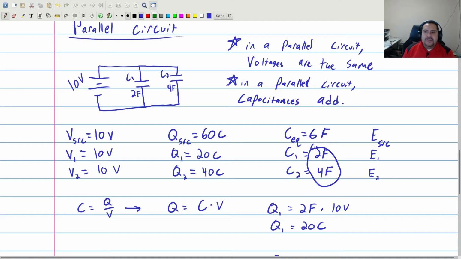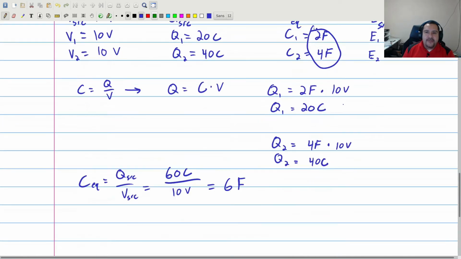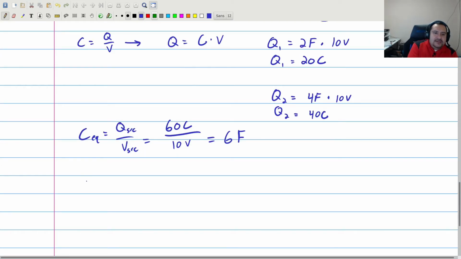Now that we have this, we can go on and find the energy stored in each of these. It's just going to be E equals 1/2 CV squared.